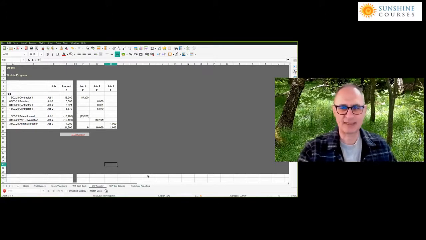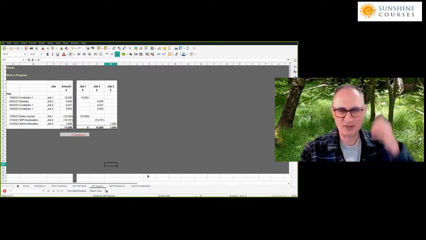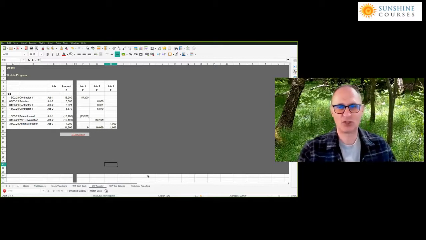The reason is it's almost impossible otherwise to keep track of which job you spent the money on. Whereas with physical stock, you can very easily distinguish a Mini from a Mercedes, you can't really distinguish £10,000 of salary for one job compared with £10,000 of salary for another.